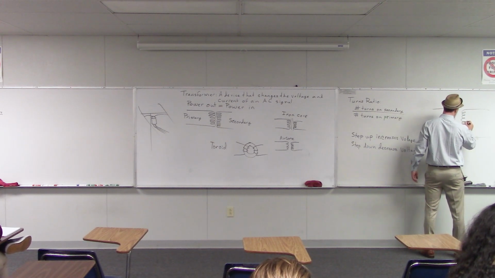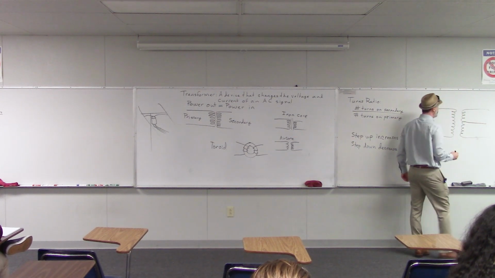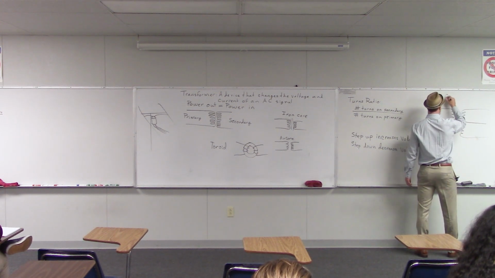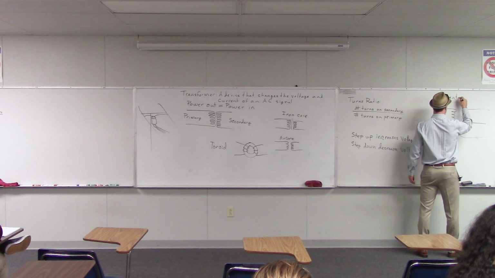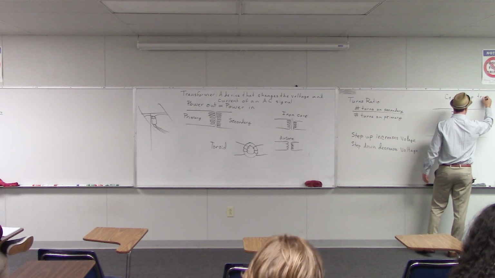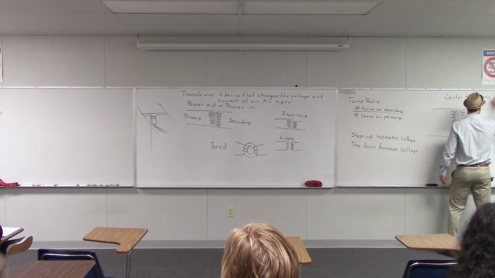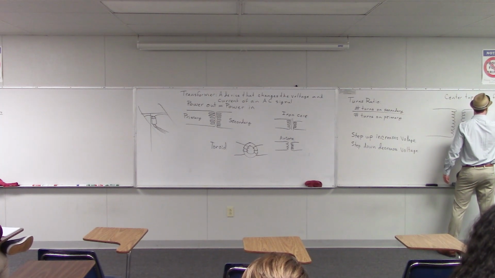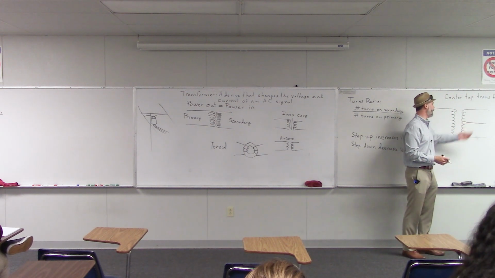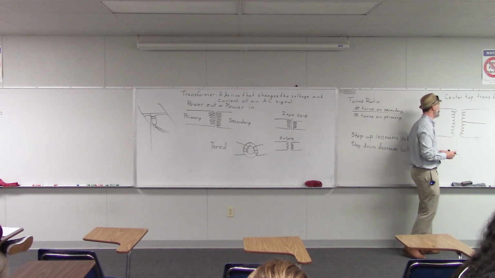It's got an extra wire attached in the middle of the secondary. This is called a center tap transformer because it's got this center wire attached to the secondary coil.